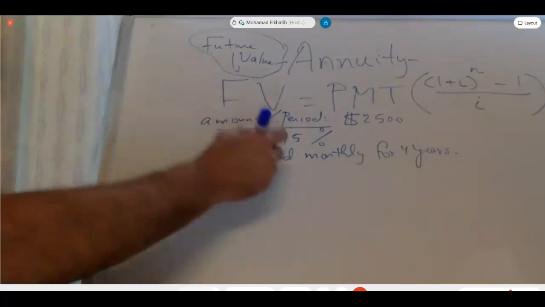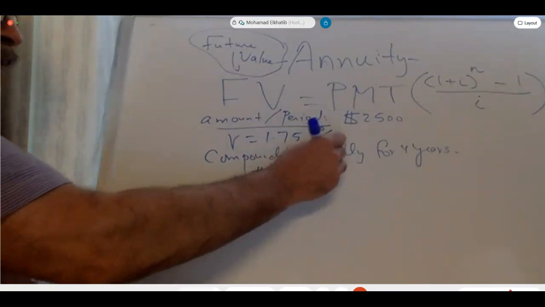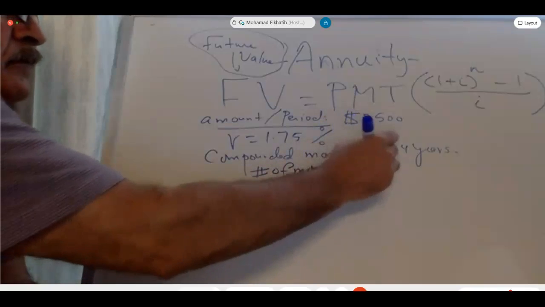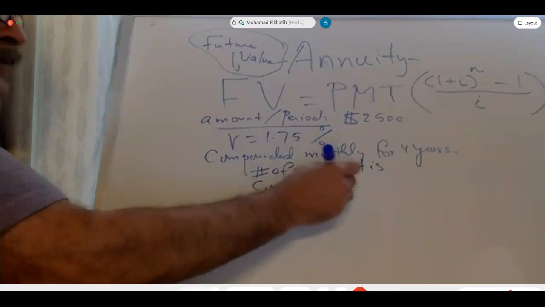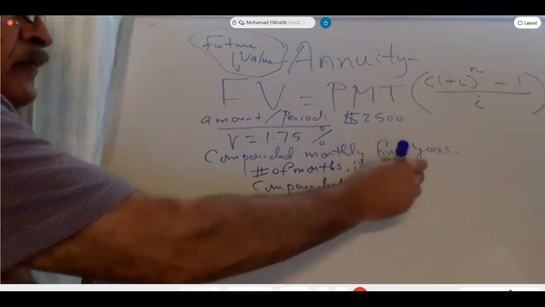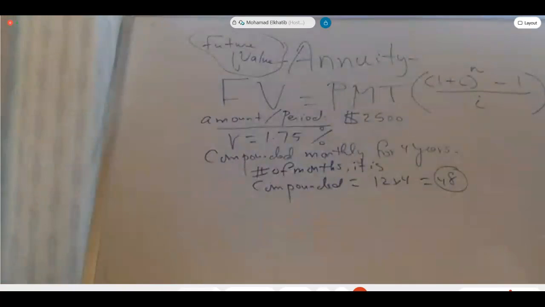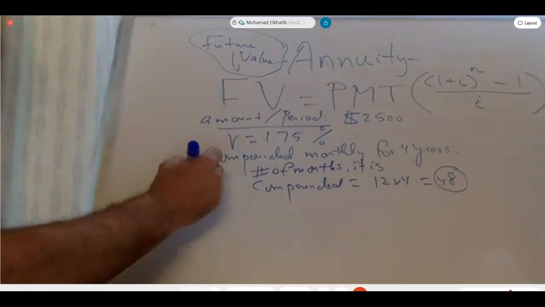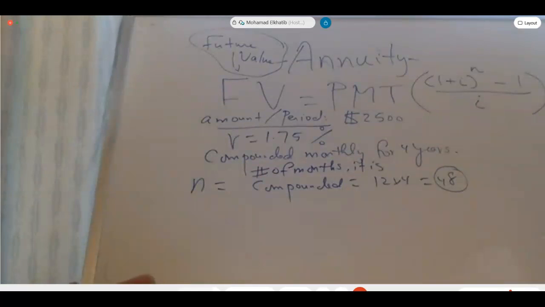So, how many months is it compounded? 12 times 4, they're going to compound it 48 months. So step one is you need to know how many times it is compounded, and that will be N. N is not going to be 12 because everything has to be in months.